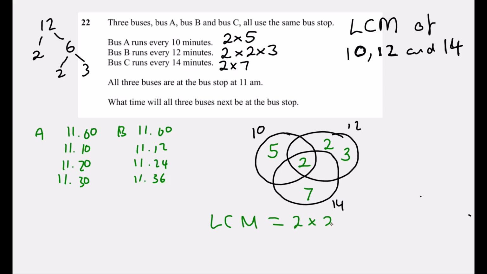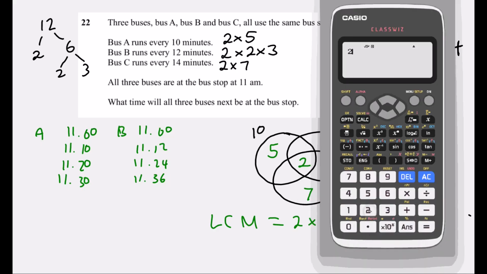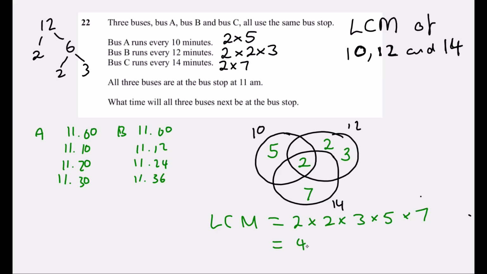So it's 2 times 2 times 3 times 5 times 7. So we're only including this 2 once, not all 3 times. We're just including it once because it's common to all of them. And if we work out 2 times 2 times 3 times 5 times 7, we get 420.